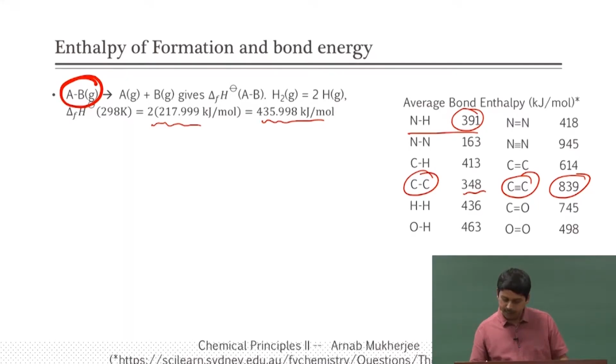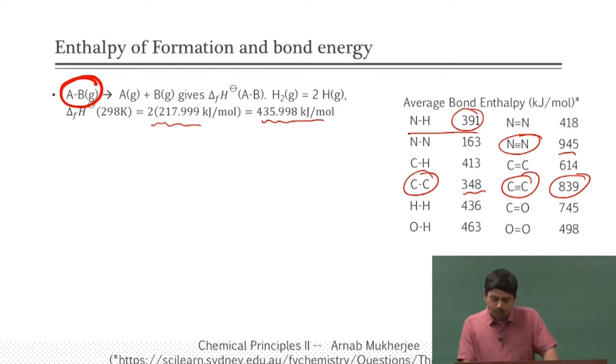See nitrogen triple bond, very strong, one of the most stable compounds, with 945 kilojoule per mole strength, and this data I have got from the site mentioned here. So the idea is that from heat of formation you can get that, but only when they are very simple molecules, like the diatomic molecules we are talking about.